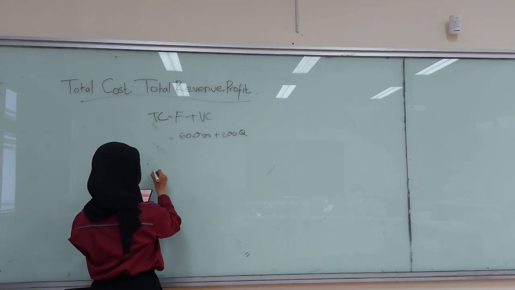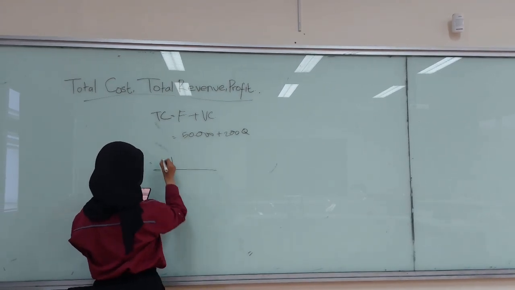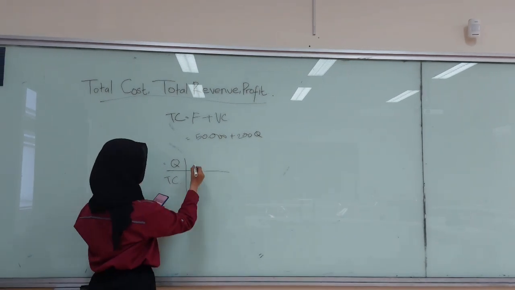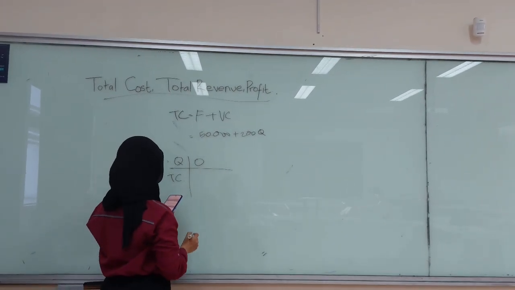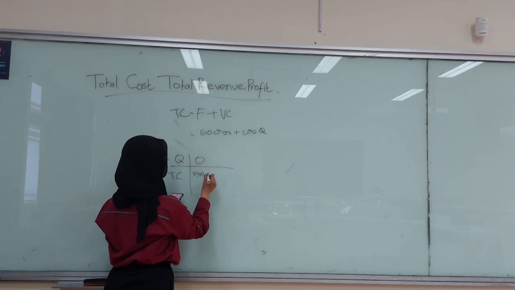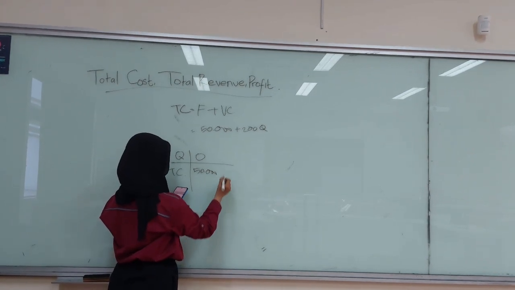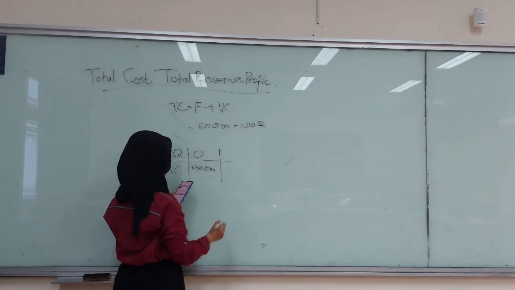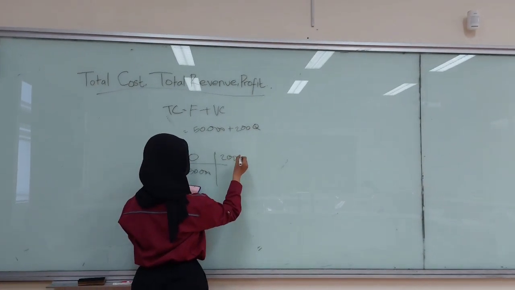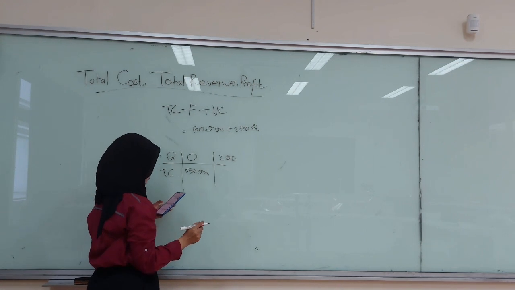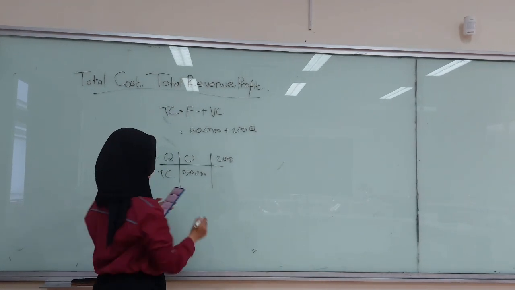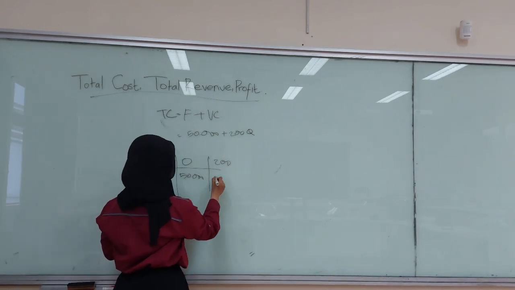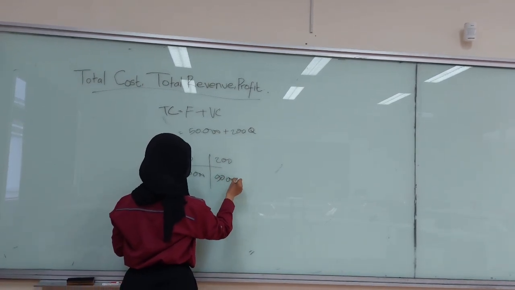We make a table. This is Q and this is TC. When Q is 0, the TC is 50,000, and the variable cost is 200Q, which gives 90,000 rupiah.